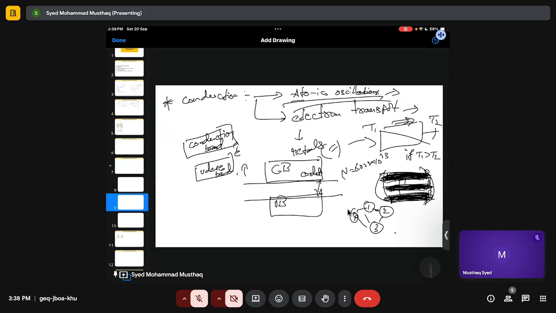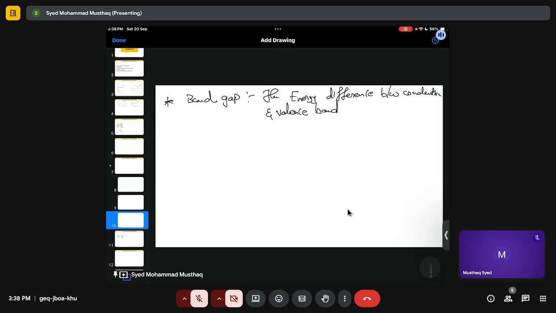You can just assume it like that, right? So that is the energy difference and that is the band gap.